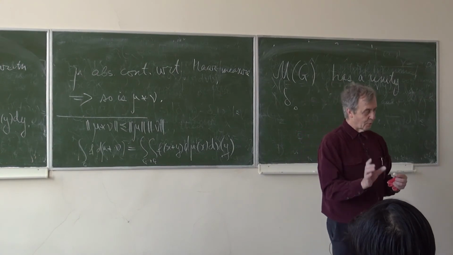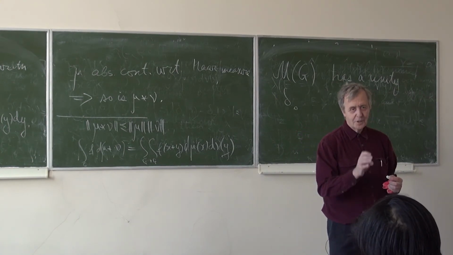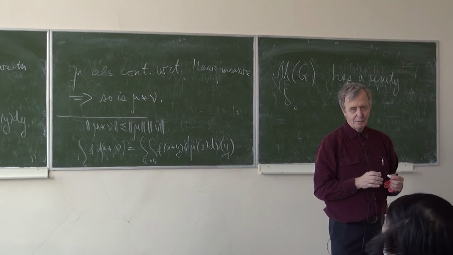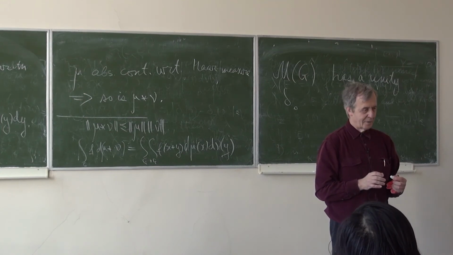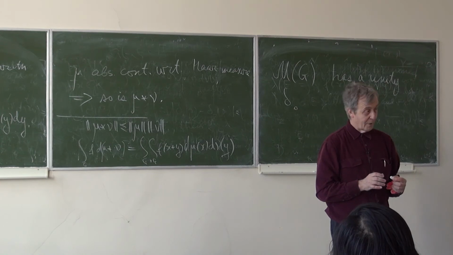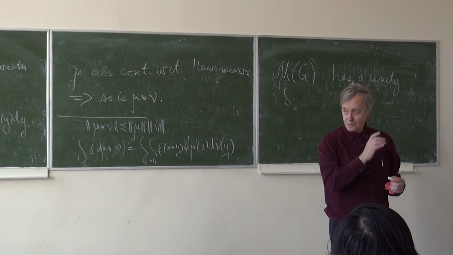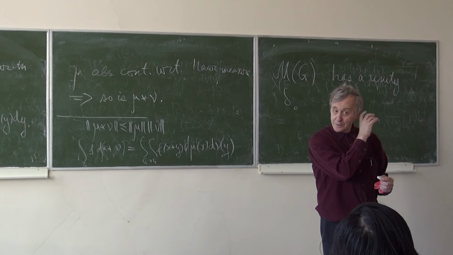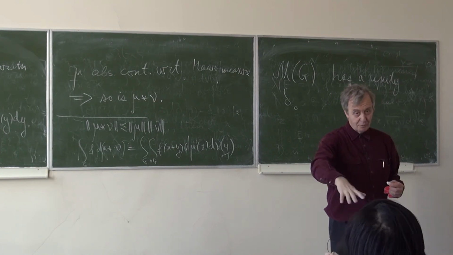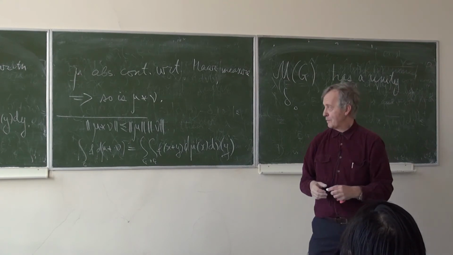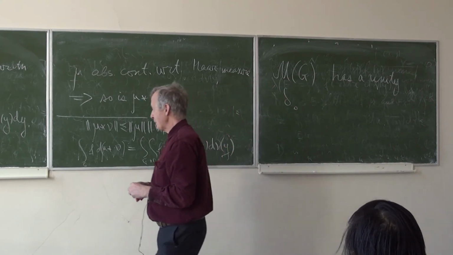One of them is absolutely continuous with respect to the Haar measure. The other of them is continuous, that is, it is singular but has no point masses. Continuous singular, and the last summand is discrete, that is a countable combination of point masses. And what about this?